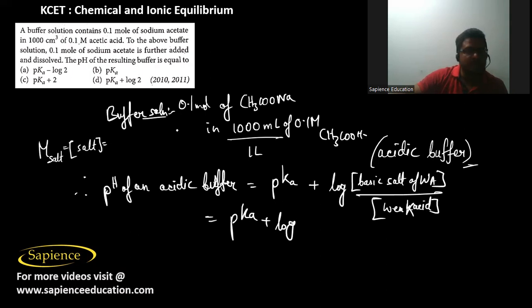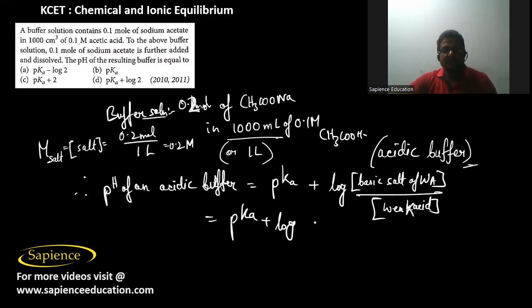Here 0.1 mole of sodium acetate is further added. So it means the net number of moles now is 0.2 moles. So it will be 0.2 mole divided by 1 liter, since 1000 ml is 1 liter. So this is 0.2 molar. The concentration of the salt is 0.2 molar divided by the concentration of the weak acid, that is 0.1 molar.